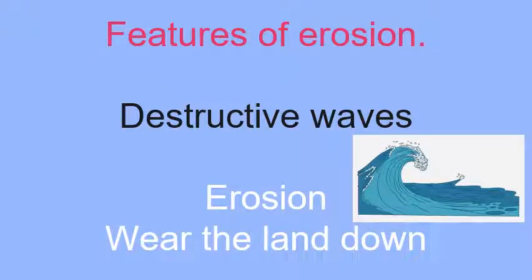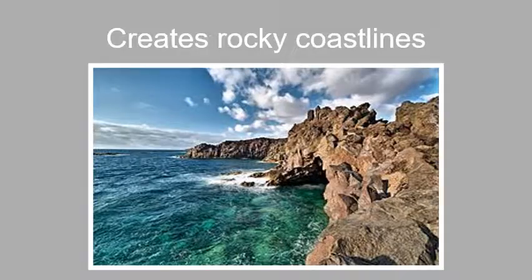Let's move on to have a look at the features, the landforms that these destructive waves create as they erode, as they wear the land down, and as they change it. Wherever there are lots of destructive waves, we will see that there are rocky coastlines, no beaches at all.